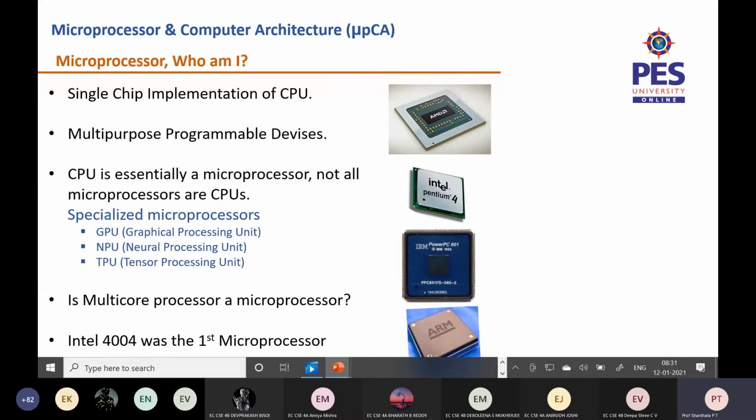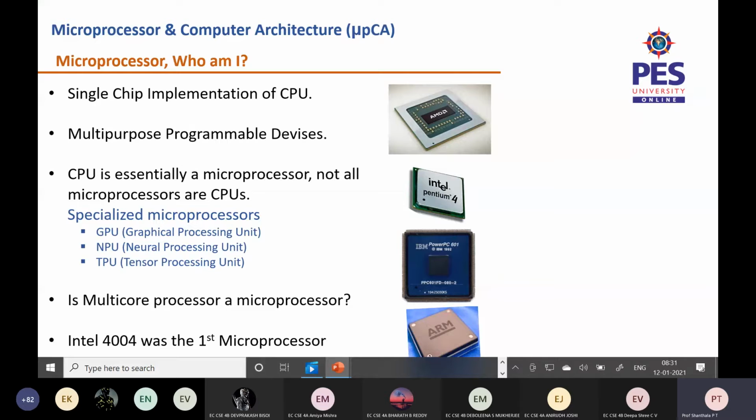And these are all manufactured by Google, the TPUs. Next, the middle one is NPU. So NPU is nothing but neural processing unit. And these are all lighter processors than your CPU, and these are used for processing artificial intelligence based applications.